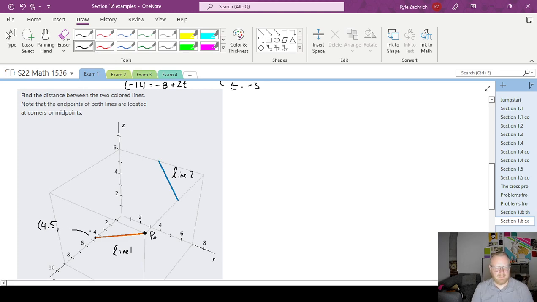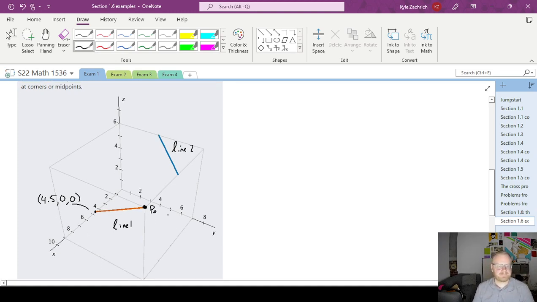That's in the x direction. I'm not traveling in the y direction. I'm not traveling in the z direction at all, so that's 0, 0. Maybe I'll use that for my P naught. Actually, I like that a little bit better. I'll use that for my P naught, just because it's got a lot of zeros in it.